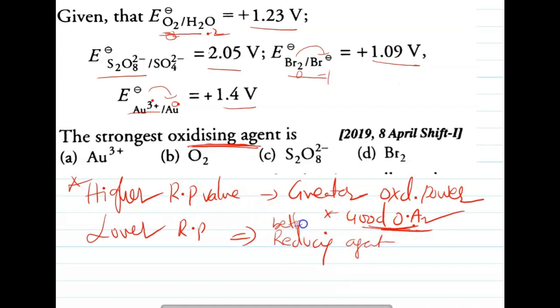Lower the value, better is the reducing agent. So higher the value, greater is the oxidizing capacity. We ask for the oxidizing agent, so whichever is the greater value will be the answer. The greater value is 2.05, so your answer will be H2O. So simple. So next.